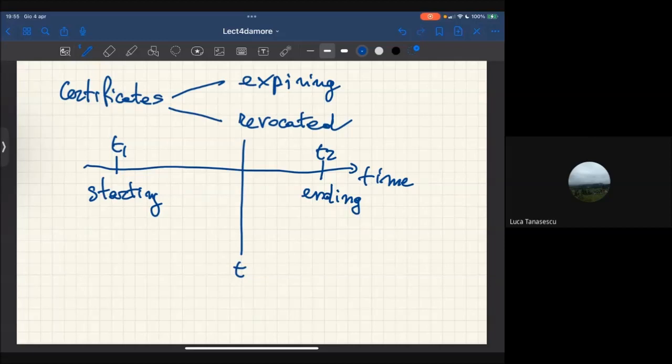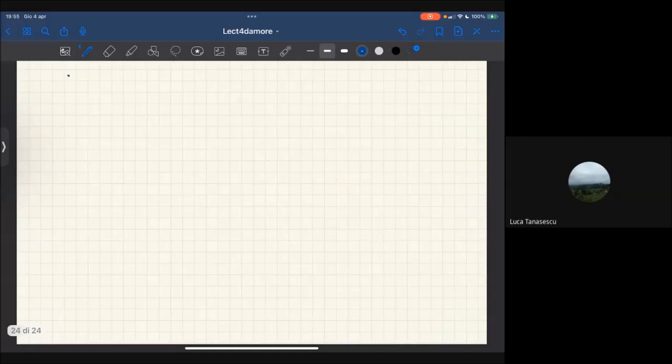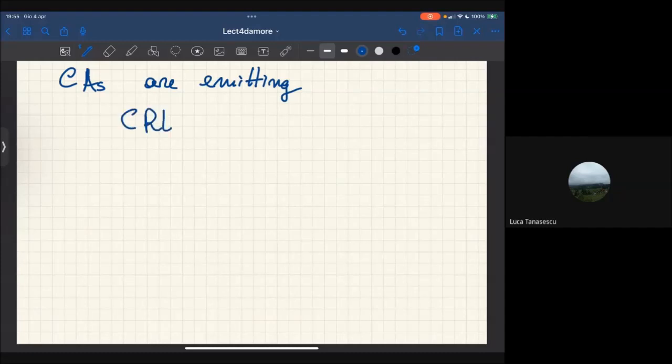For this reason, certification authorities are emitting the CRL, that is a certificate revocation list.